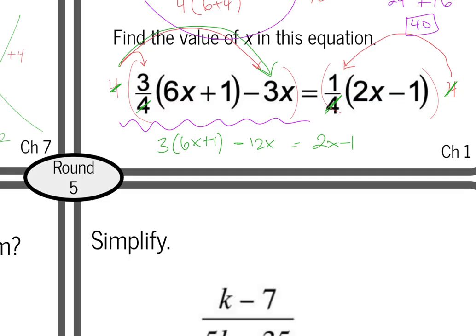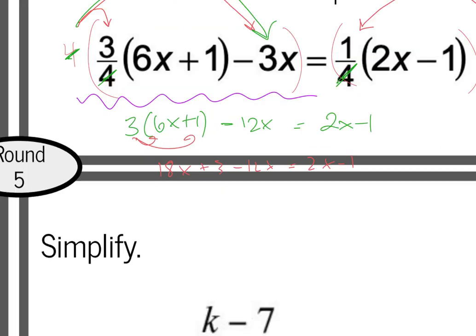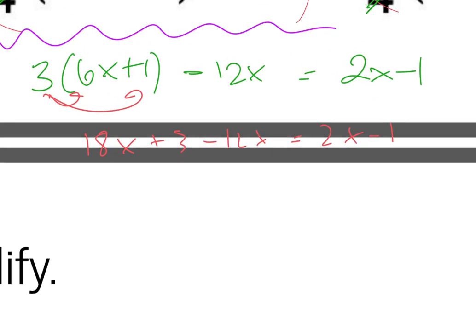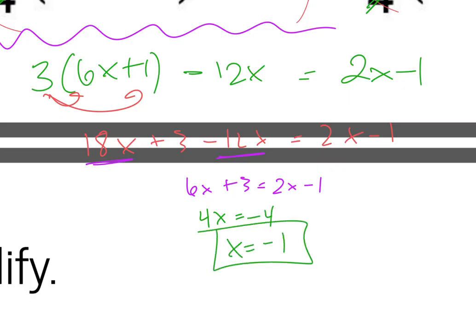If not, sorry. Now I'm still going to distribute this 3 here. So I get 18x plus 3 minus 12x equals 2x minus 1. 18x and negative 12x, that's 6x plus 3 equals 2x minus 1. I'm going to subtract 2x, I'm going to subtract 3, and I get x is negative 1.